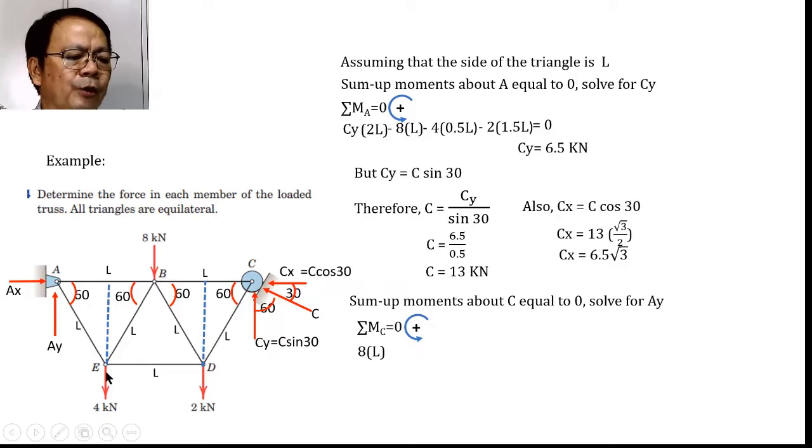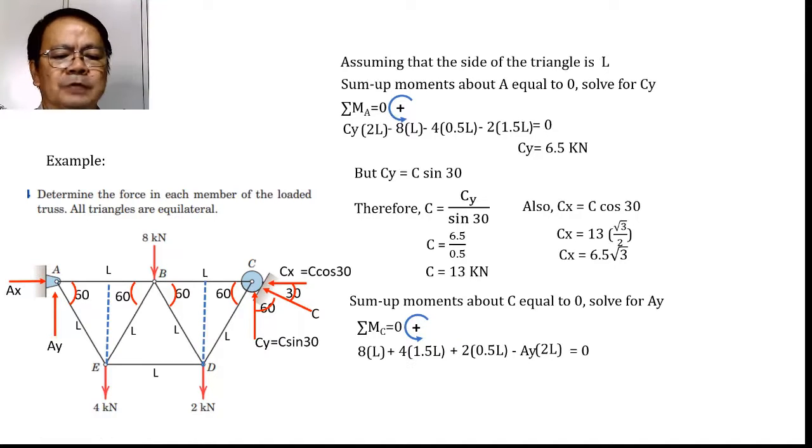This one, 4, will have a moment arm of 1.5 from C. Therefore, this is equal to 4 times 1.5 L. And this one would have a moment arm equal to 1/2 of L, and that is plus 2 times 0.5 L. Okay, minus the moment due to A sub y, whose moment arm is equal to 2L. That becomes minus A sub y times 2L. All of this must be equal to 0. When we simplify, all those L's will cancel, and we can solve for A sub y of 7.5 kilonewton.